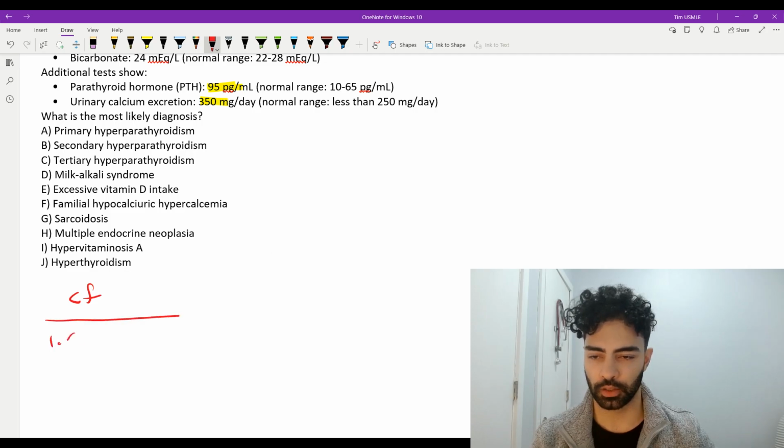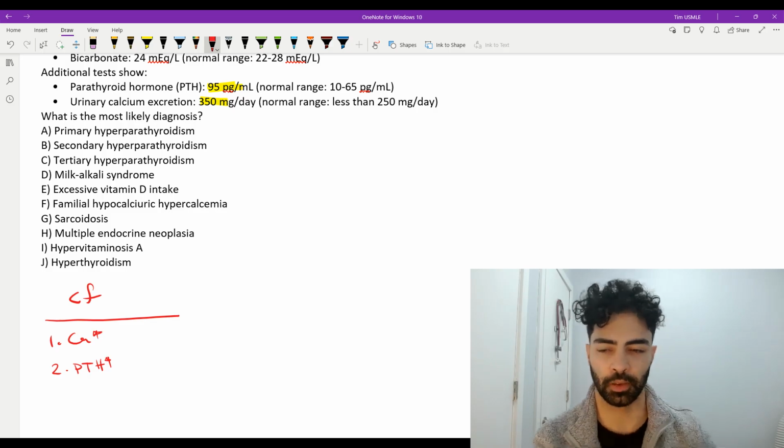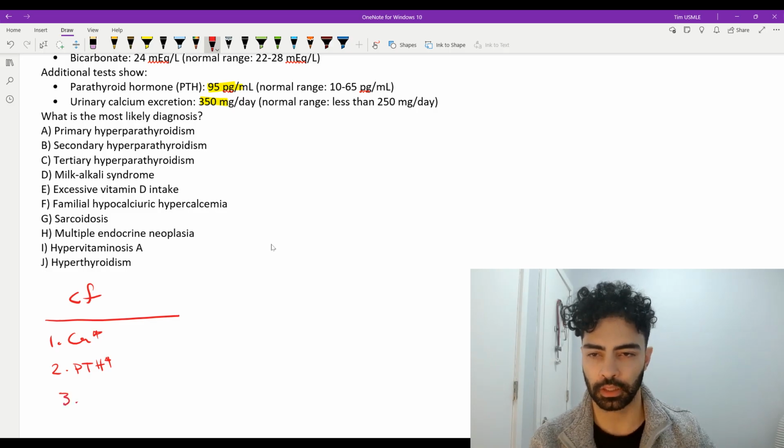One, calcium is high. Two, parathyroid hormone is high. It's already sounding like primary hypercalcemia. And three, urinary calcium excretion is increased.